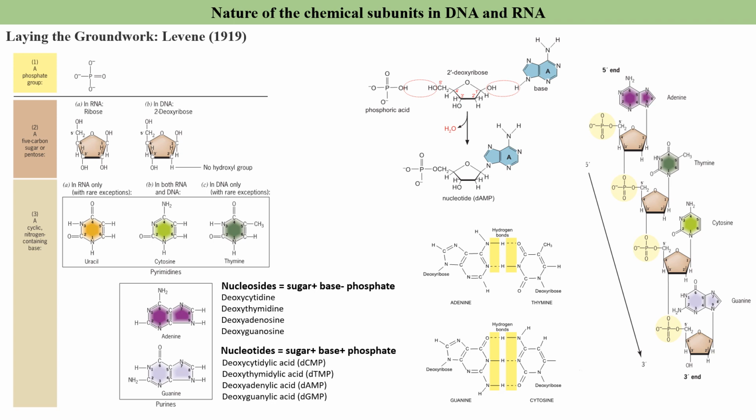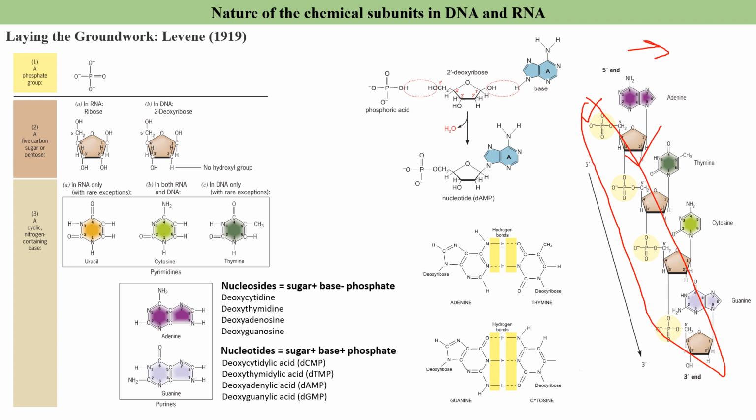And it is the sugar and this phosphate that forms the backbone of the double helical structure and even the RNA as well. It is the base which projects inwards, and DNA is also called the polynucleotide chain.